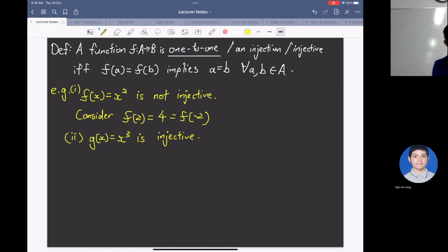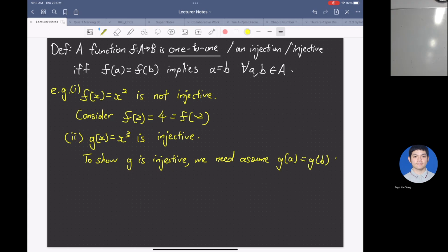So to show that g is injective, we need to start with g(a) equals g(b) first. And then we want to prove that a equals b.